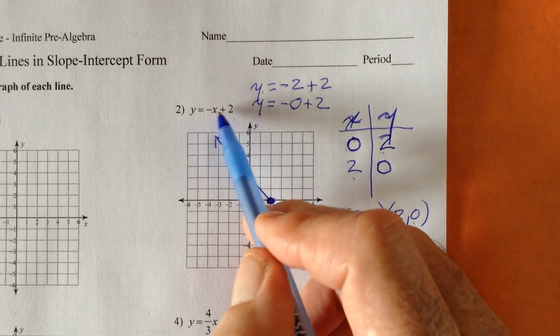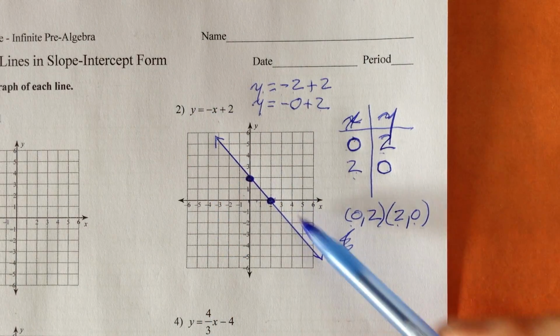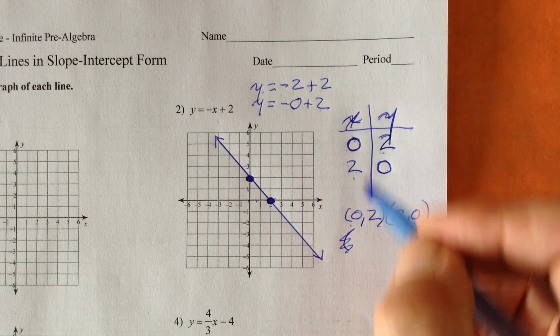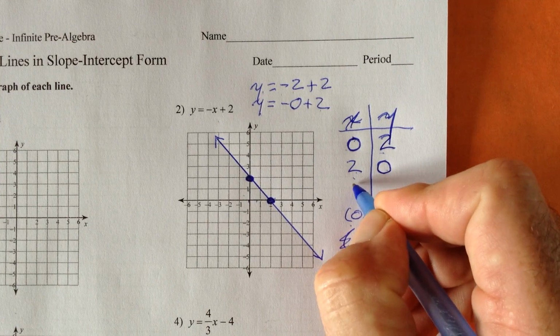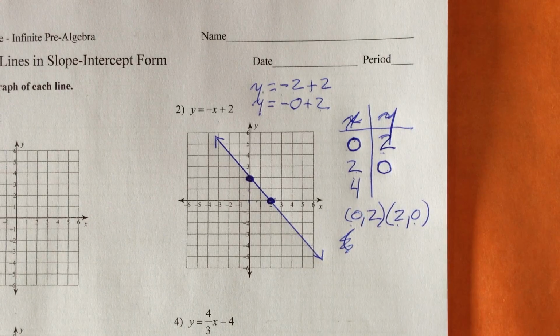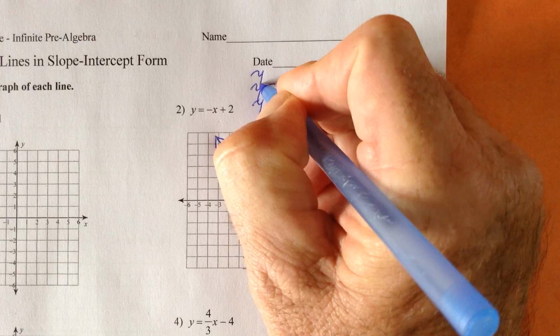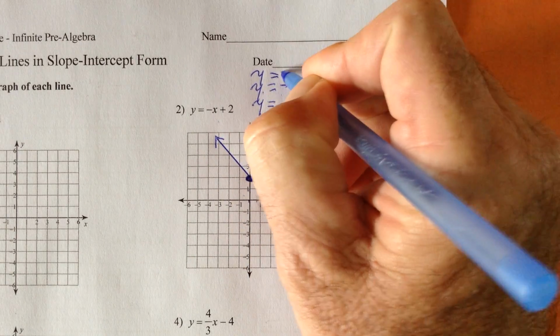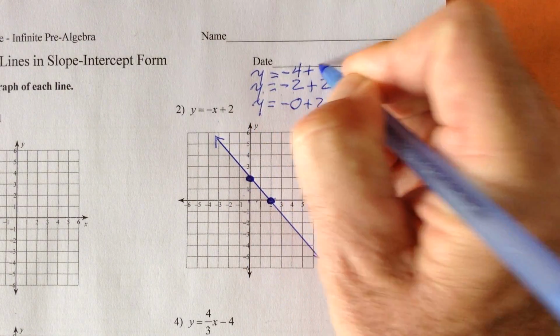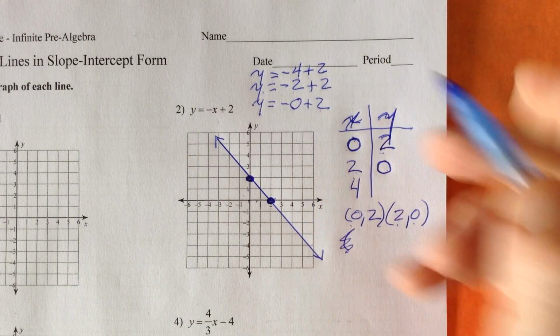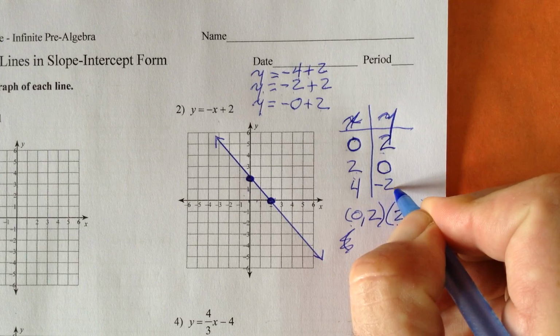Okay, this function will produce, if I keep changing the x's, if I do like x is 4, okay, well, let's try that. I've got room here. y equals negative 4 plus 2. Well, negative 4 plus 2, that'll end up being negative 2.